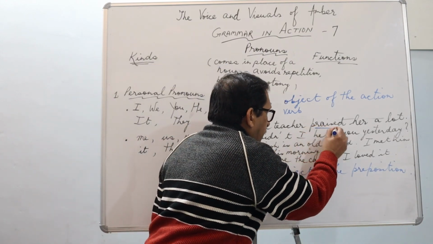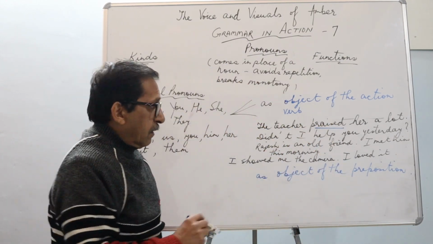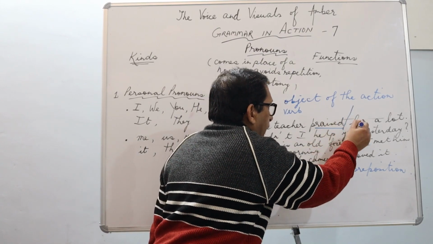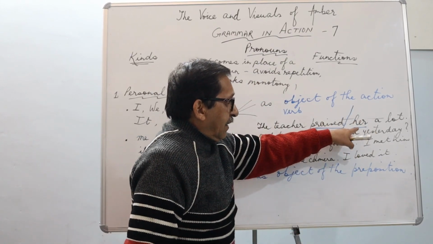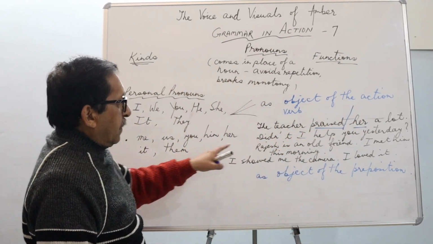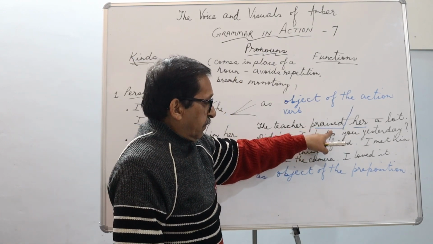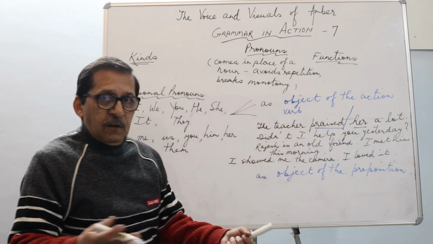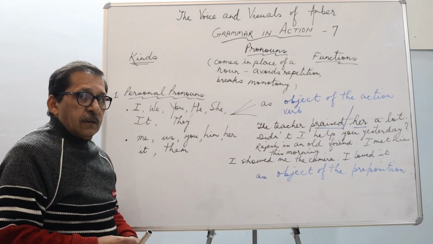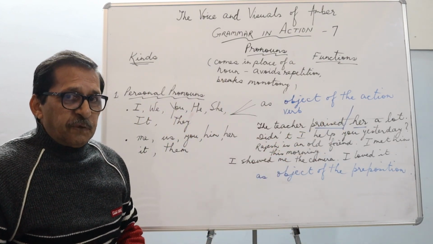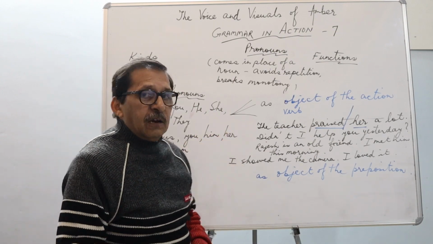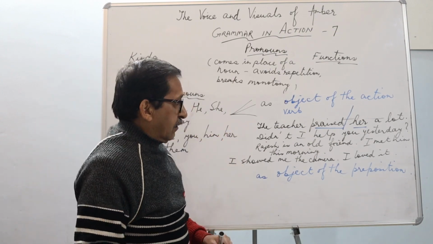So praised is the verb. Praised who? Her. And her is the personal pronoun acting as the object of the action verb praised and coming in place of a naming word.